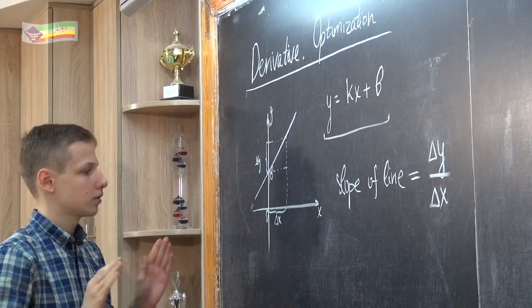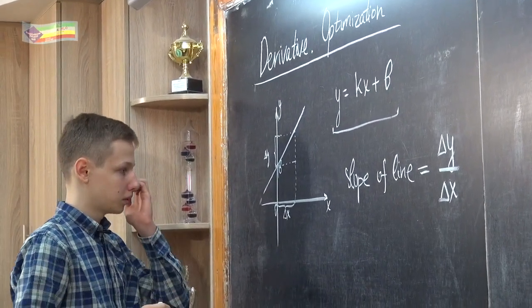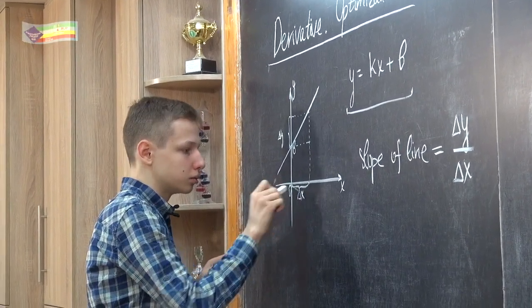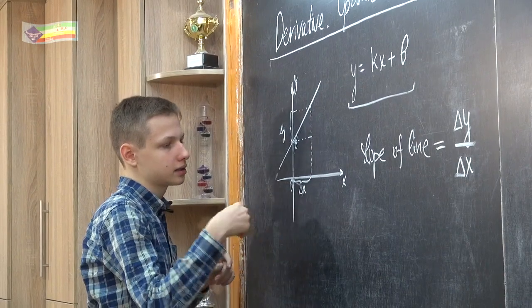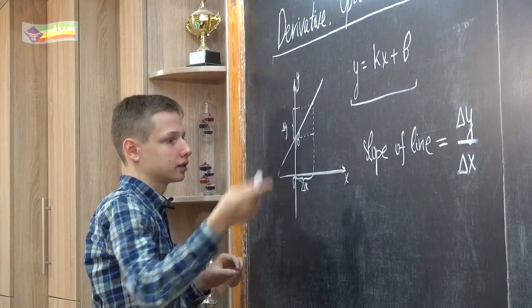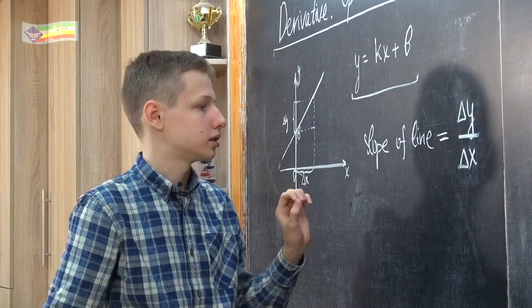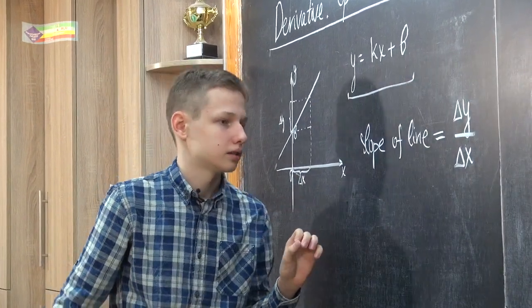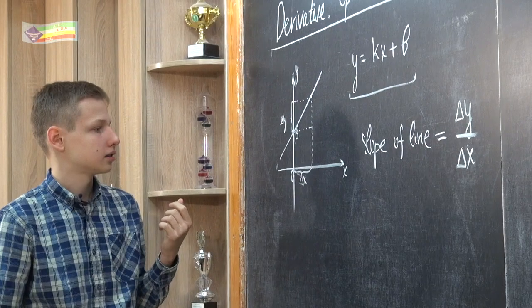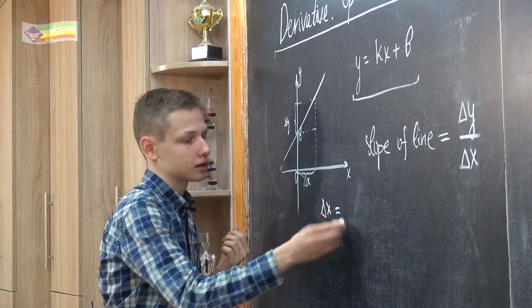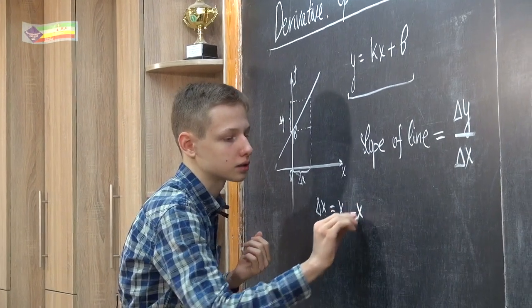So, for example, we will define our delta x, and then we can calculate delta y, and in that case calculate the slope of the line. And in fact, delta x can be represented as x2 minus x1.